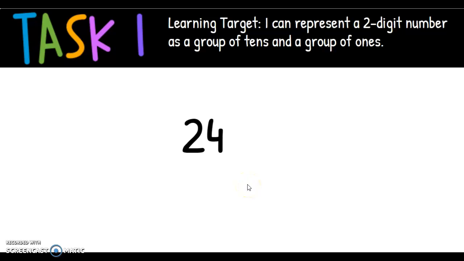But what if one of the teachers asked you to go over to the math shelf and build 24? How much is 24? Think about what tool you would select.